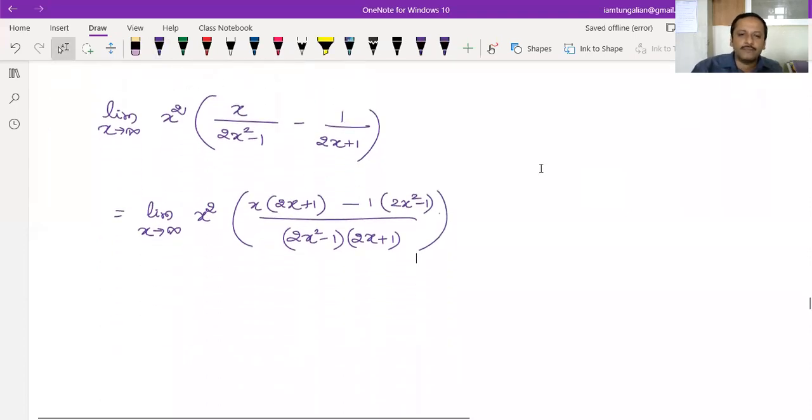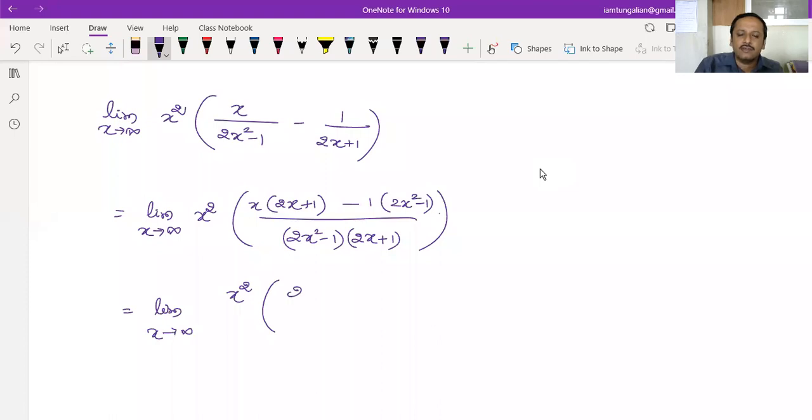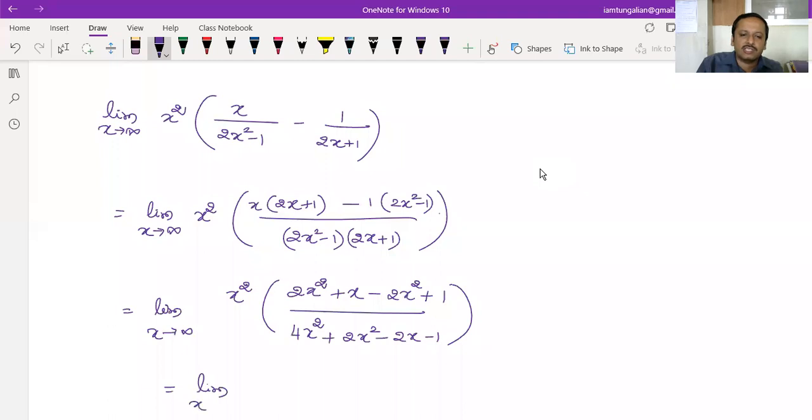So that's equal to limit x tends to infinity, x square into x into 2x, that will give you 2x square plus x minus 2x square plus 1, divided by the product, where you are going to get 4x square plus 2x square minus 2x minus 1. 2x square gets cancelled.